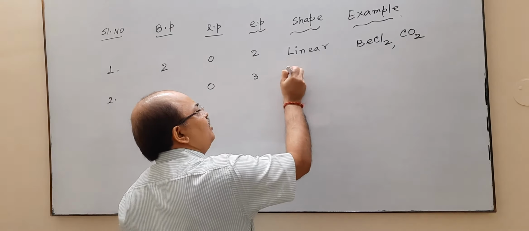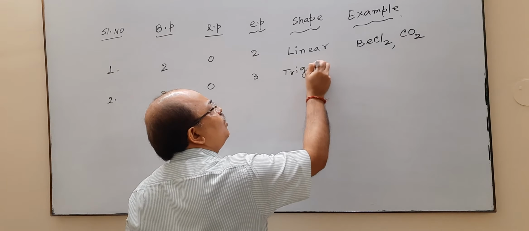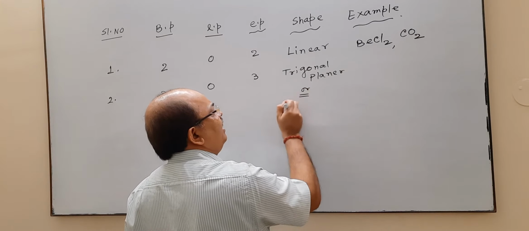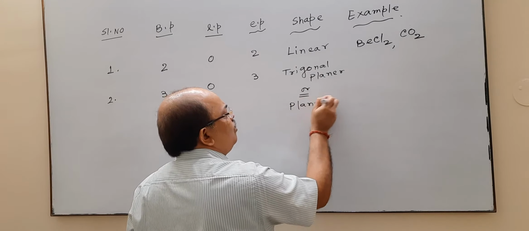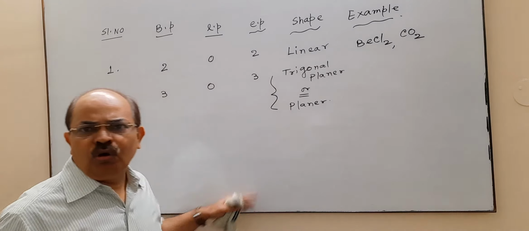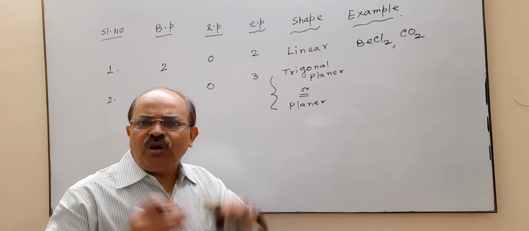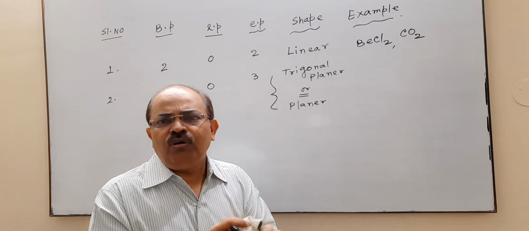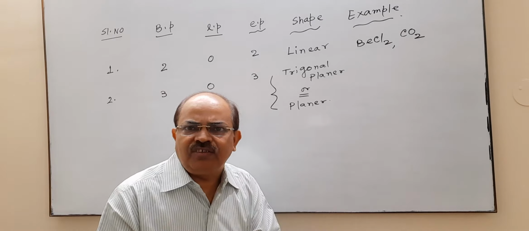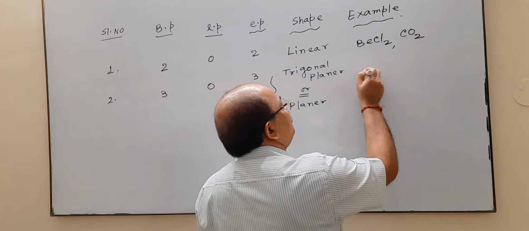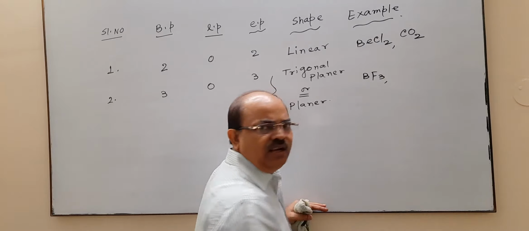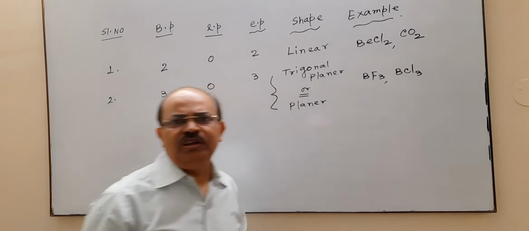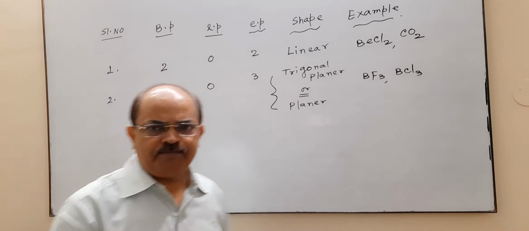And then the shape is trigonal planar, or we simply write planar, or it is also referred to as triangular planar. हम लोग इसको triangular planar भी कहते हैं. The example is boron trifluoride, that is BF3, or it may be BCl3, that is boron trichloride.